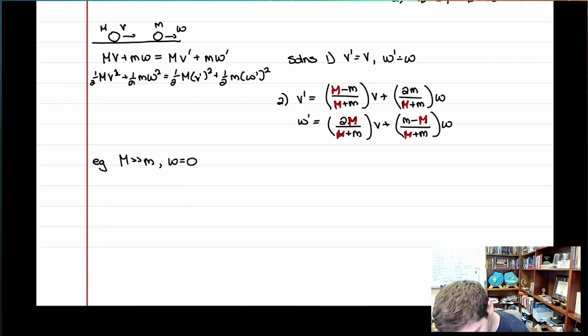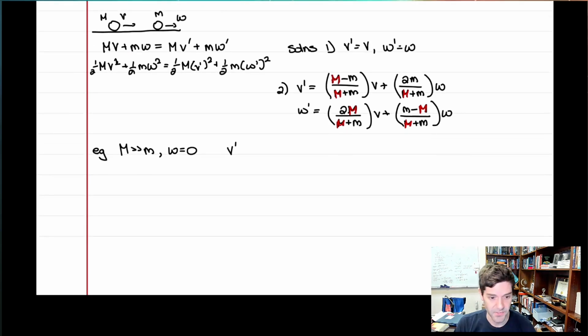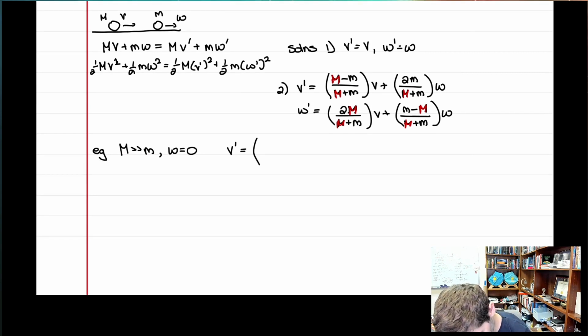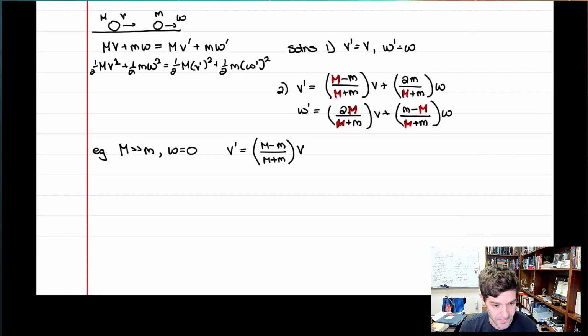Well, let's think. Let's first think of what the bowling ball's new velocity is when big M is greater than little m. The first term is big M minus little m over big M plus little m, times V. Let me focus on this term first and then come back to the other one. If big M is much, much bigger than little m, then that numerator is a very big number, because it's like you have $1 million and you subtract a penny, so you still have $1 million.